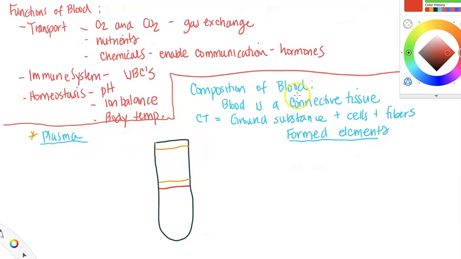So the plasma basically floats on the top, and the cells will settle on the bottom. So we've got red blood cells here, and then in the middle there's something called the buffy coat.